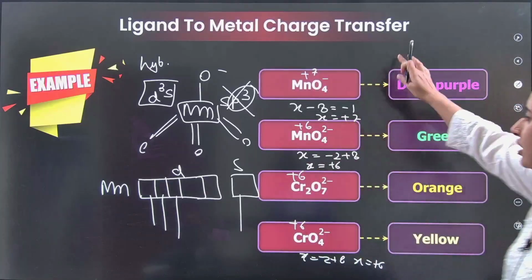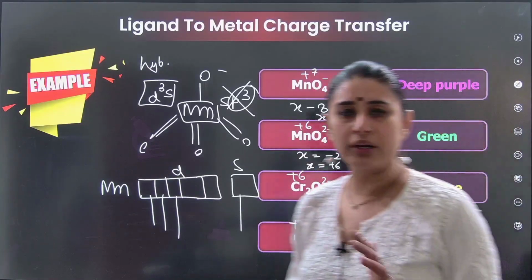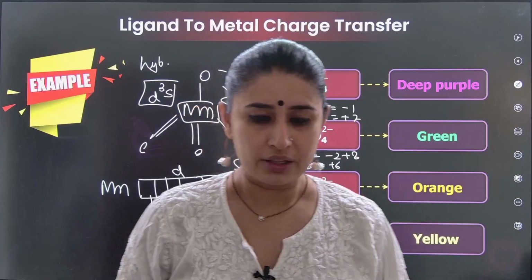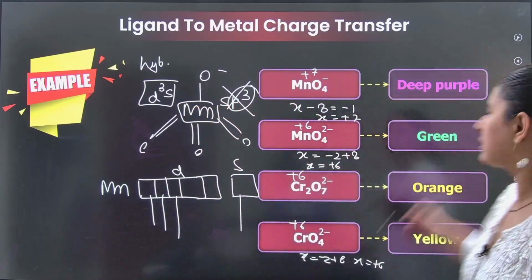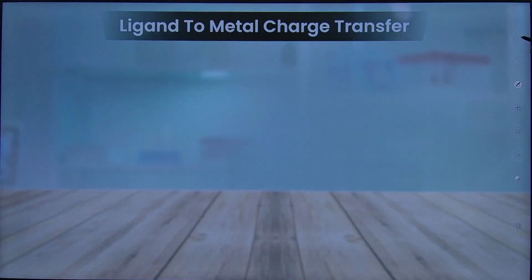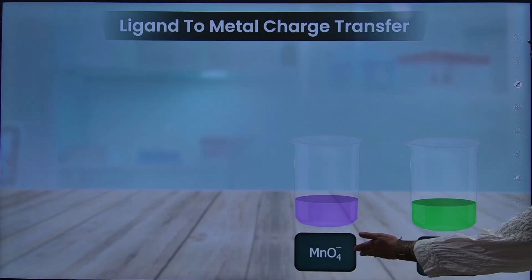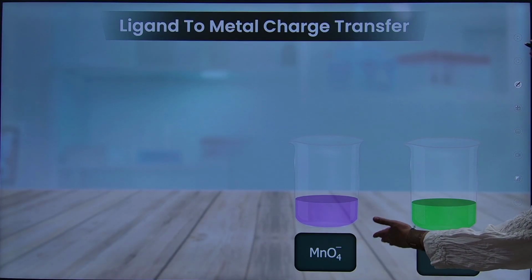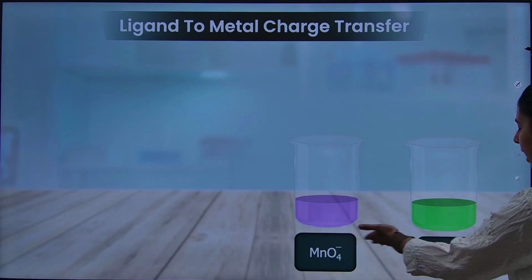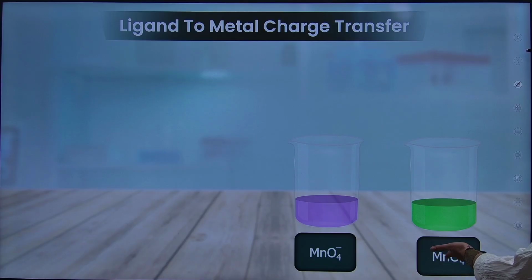These are the reasons for the color of all of these, which are very important from the NEET perspective. They are also important from the JEE perspective. The question has come, in fact. Let's see. So ligand to metal charge transfer: MnO4 minus, you can see, is purple in color, this is potassium permanganate. MnO4 2 minus is potassium manganate, green in color.